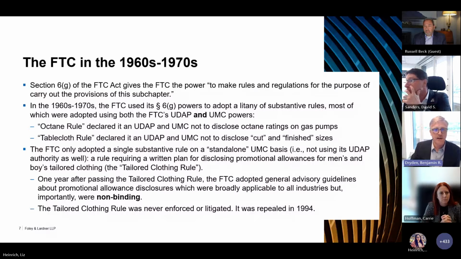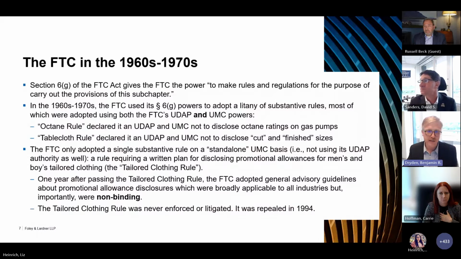The FTC declared it a UDAP and a UMC for a gas station to fail to disclose the octane ratings of its gas pumps. You could see how that is deceptive, to sell gasoline without disclosing what the octane is. You can see how that's an unfair method of competition, if you are making consumers think that they're getting higher quality gasoline than they might be getting across the street just through failure of disclosure. So there was the octane rule.